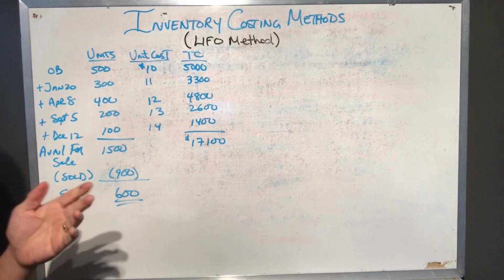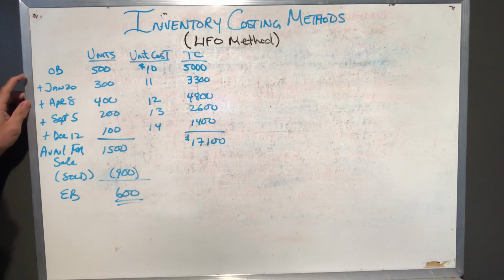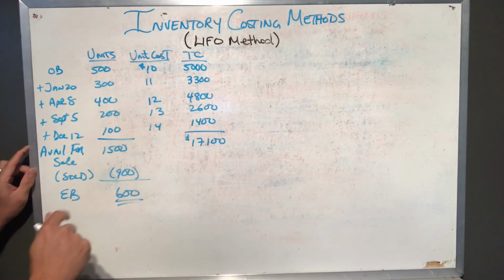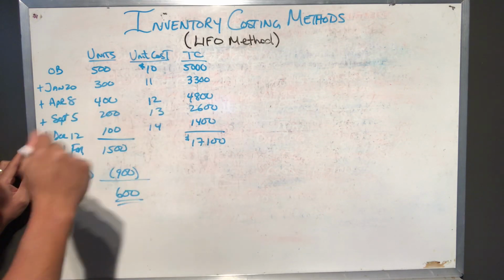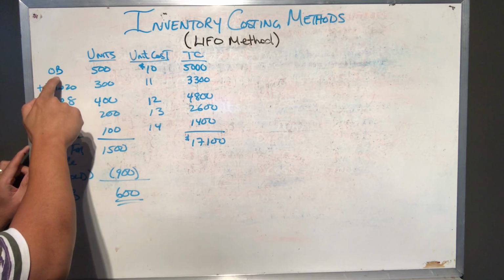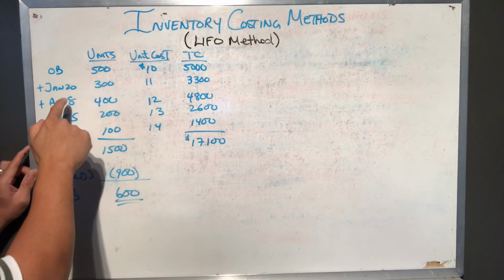So if you haven't seen my other two tutorials on inventory costing methods, I'm just going to go through this briefly to lay this out as the basis of our numerical example. Let's say that ABC company has an opening balance of 500 units from prior years that's carried forward.